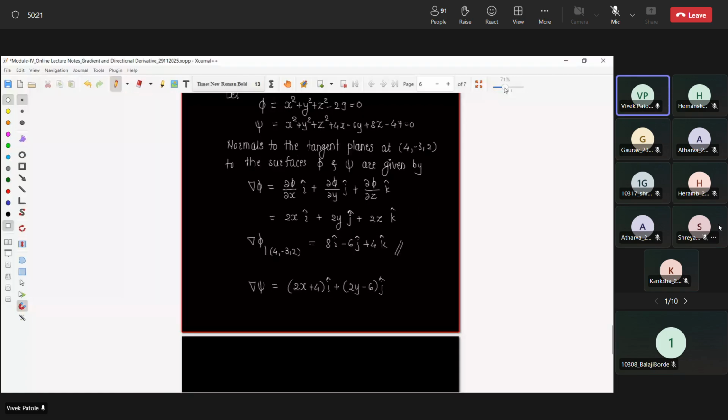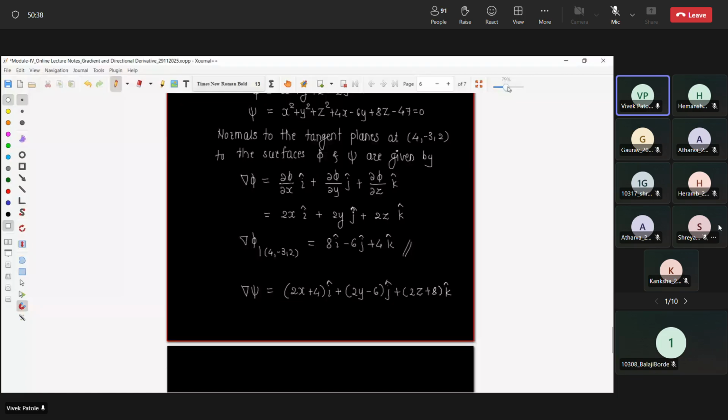This is our surface, so I differentiated psi with respect to x, with respect to y, and now with respect to z. So it is (2z plus 8) k cap.